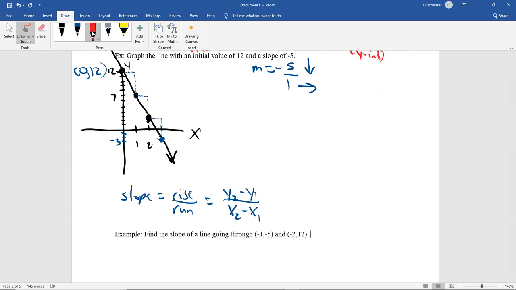If you wish to label things, which I suggest at first at least, the -1 would be your x1, and the -5 would be the x2? No. Remember, coordinate pairs always go x, y. That's a very easy thing to make a mistake on, but that would be the y2, right?